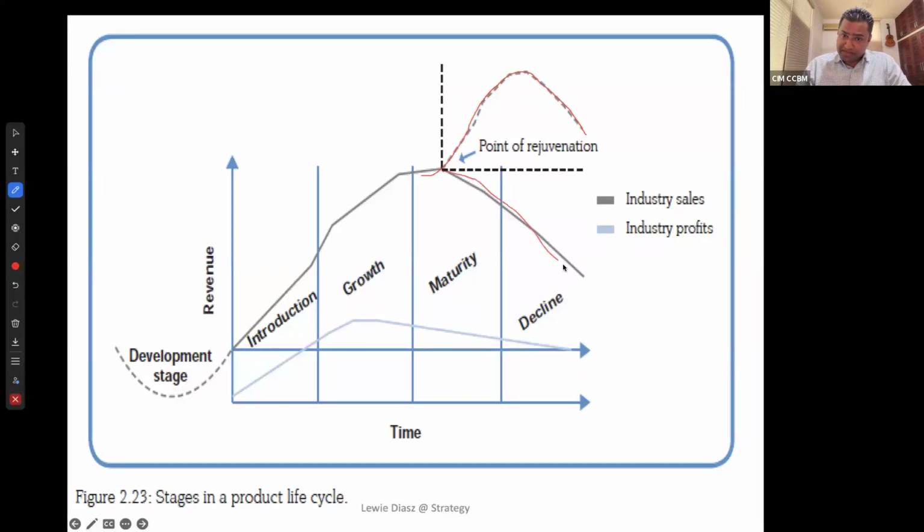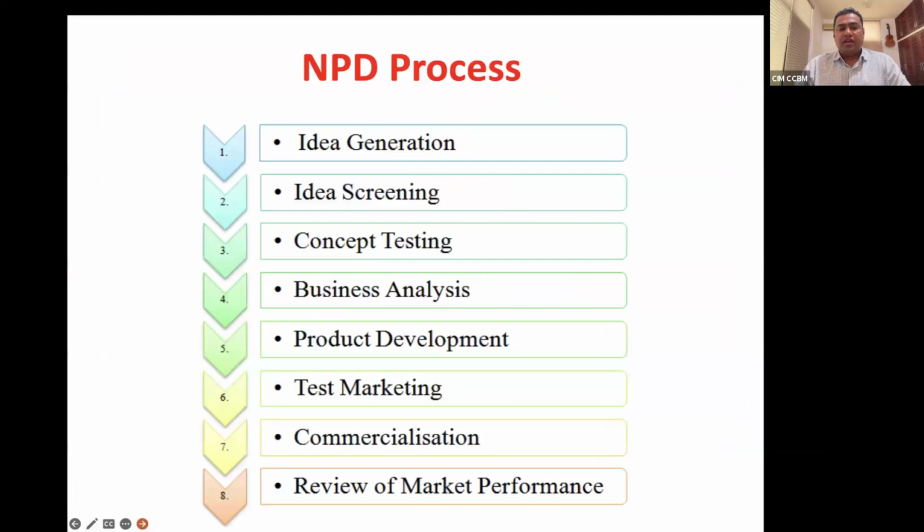Before it dies. And it is a good exercise for you to kill your own product before competitors kill it. So Apple kills its older version themselves before Samsung kills it. So this is called the product life cycle. You need to study this. And then we go through a product development process.